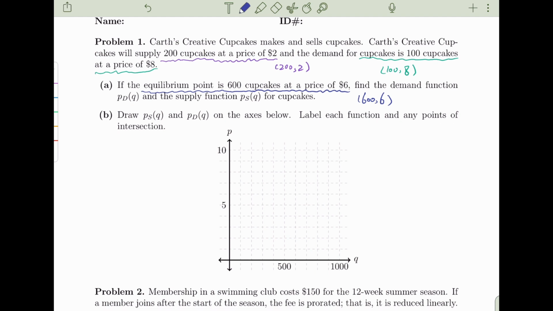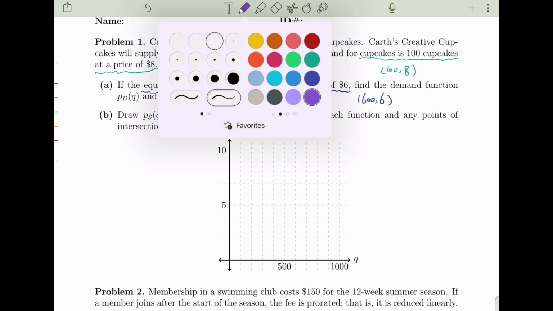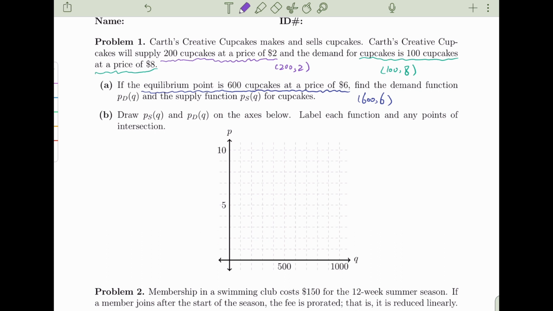Now let's determine the purple line by using these 2 points. So let's set the purple line to be our line 1, right? So for the line 1, we would need to determine the slope first, which is denoted by m1. So m1 is equal to y1 minus y2 over x1 minus x2.